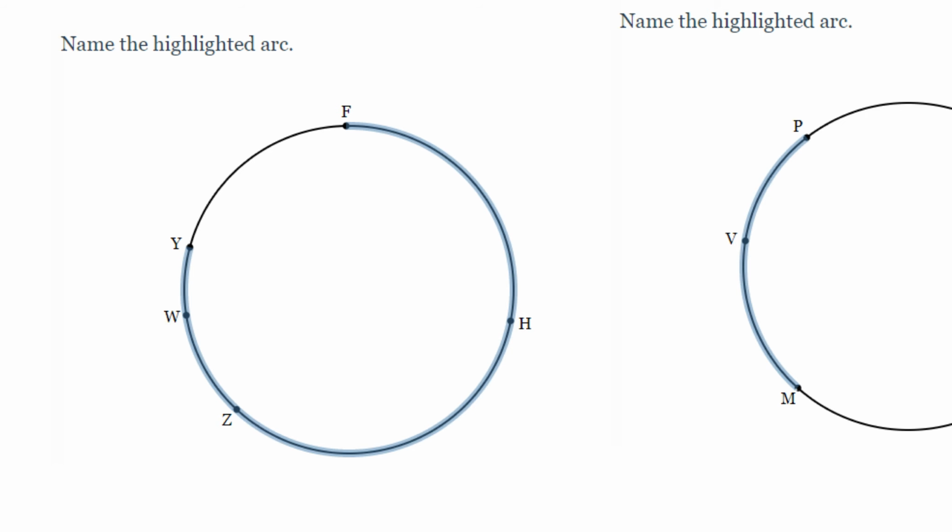Because if I just said arc FY, we are assuming that we are going to just go from F to Y, which is not the arc that is obviously being highlighted here. So what we have to do when we name a major arc is name a point that it passes through. So it basically is letting whoever's reading understand the direction in which we are going.